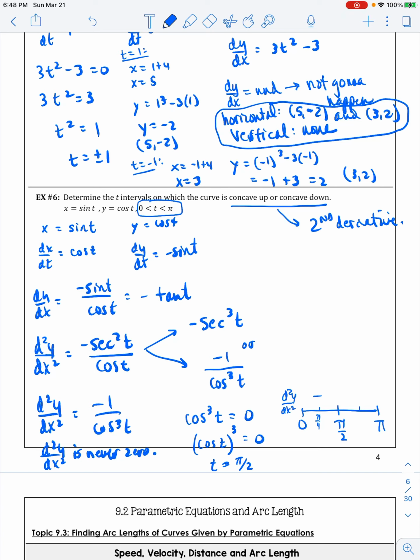You could use 3 pi over 4 if you wanted to. Cosine is always negative in this second quadrant, so when you take negative divided by negative, you get a positive. So the second derivative is positive between pi over 2 and pi.